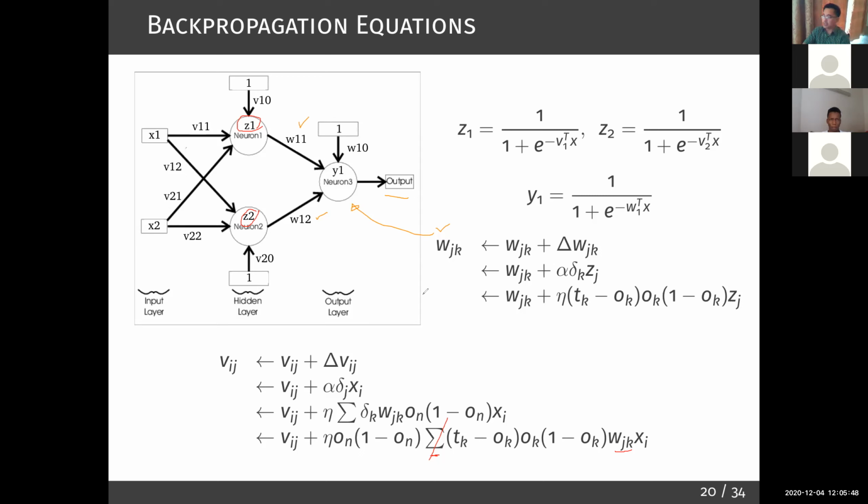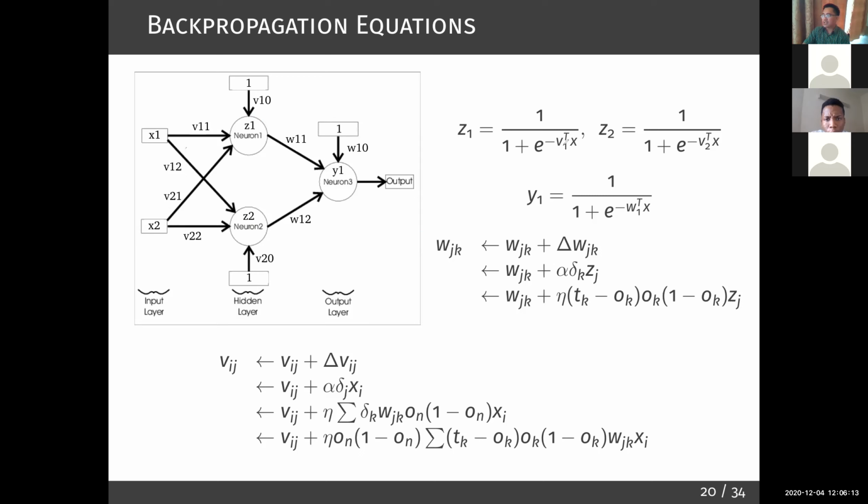Things will become clear later. Remember that Z1 and Z2 are outputs of the hidden layer, and we know how outputs are computed. Outputs are computed based on the sigmoid function.